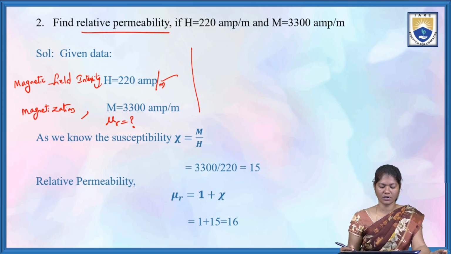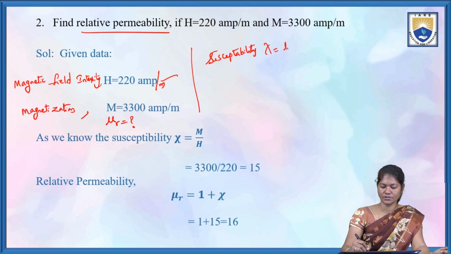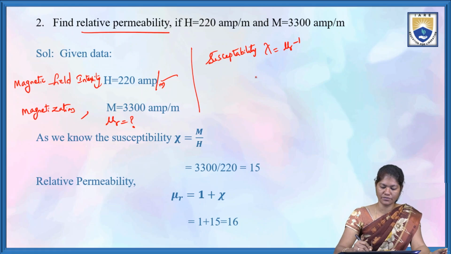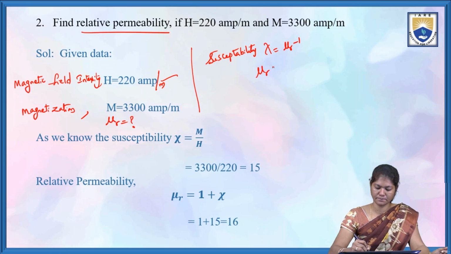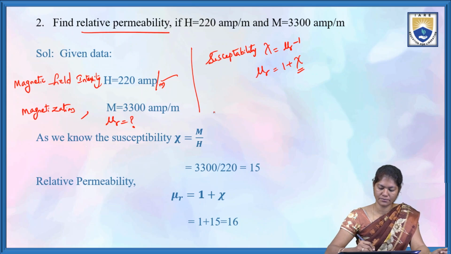As we know, susceptibility chi is equal to mu r minus 1, so mu r is equal to one plus chi. So what is this chi?